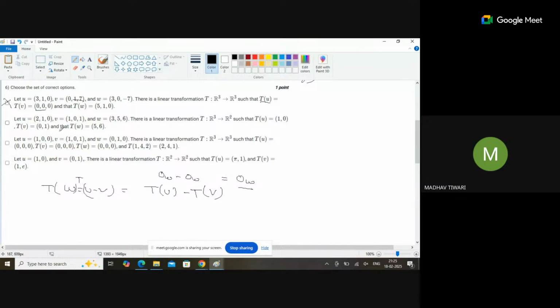So now look at the next option. TU is given this, TV is given this, and TW is given this. What I can see is the same thing, that they are dropping the first component. They are using the next two components, right? TU is (1, 0), TV is (0, 1), and TW is (5, 6).